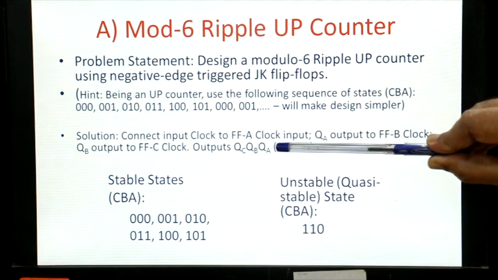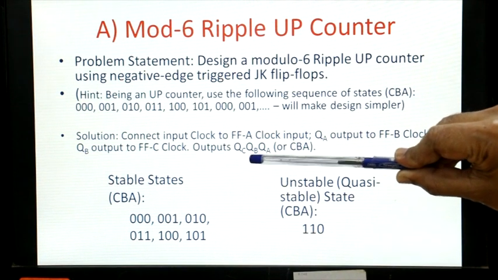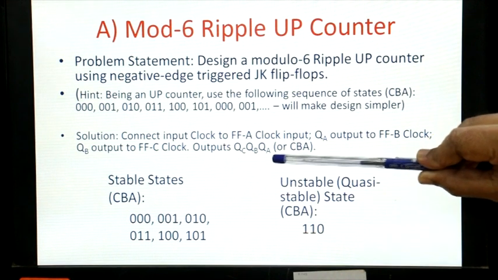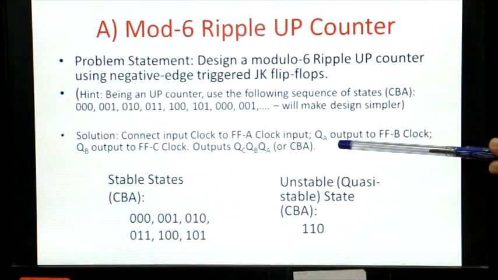In the same way, the QB output is used as the clock of the third flip-flop, the C flip-flop, and outputs are taken as CBA or QC, QB, QA. So this is the way we would do it.